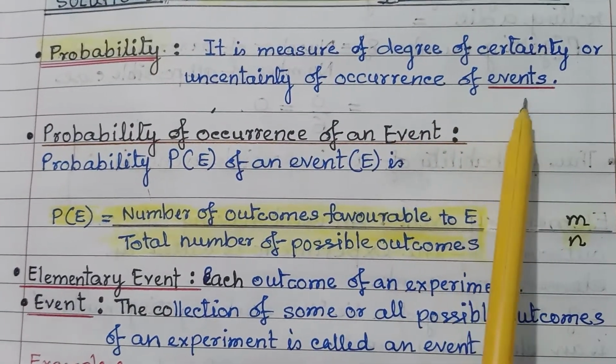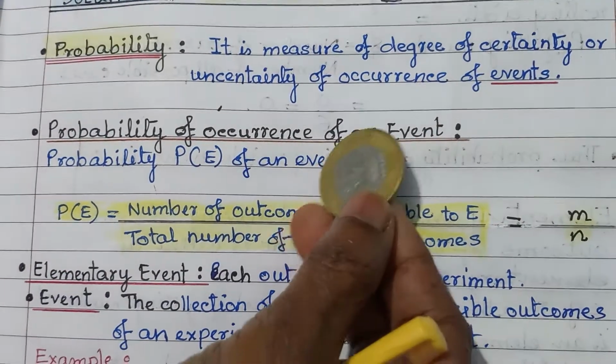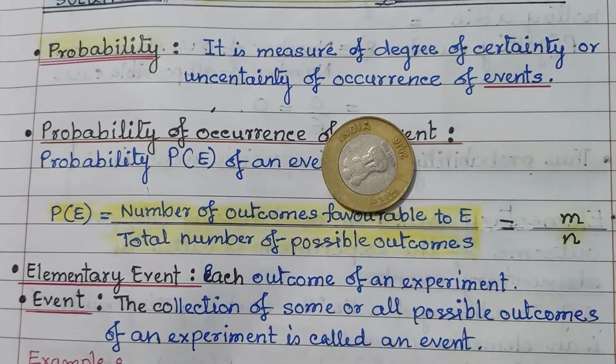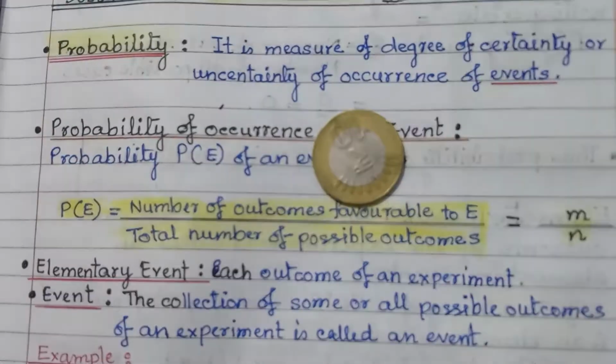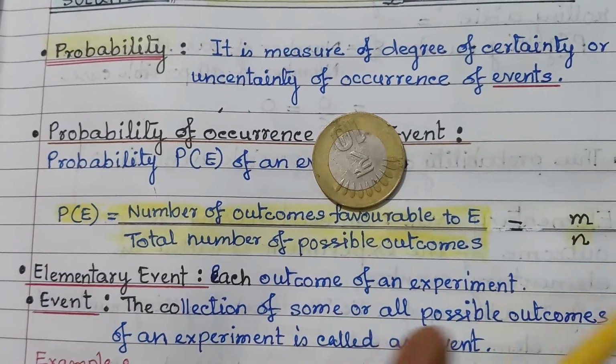Now, what is an event? Suppose when I toss a coin, it comes up head, so head is an event. If tail comes, then tail is an event.